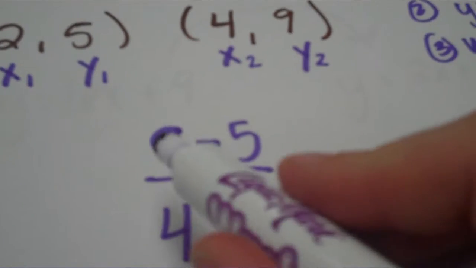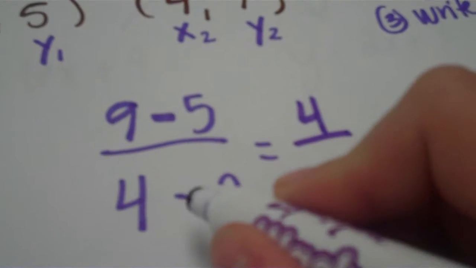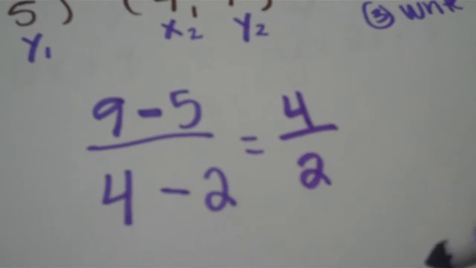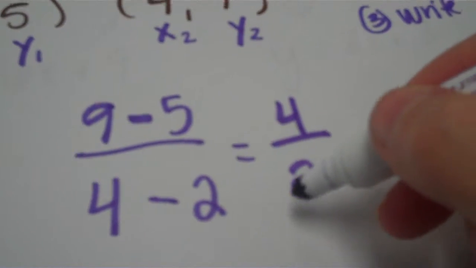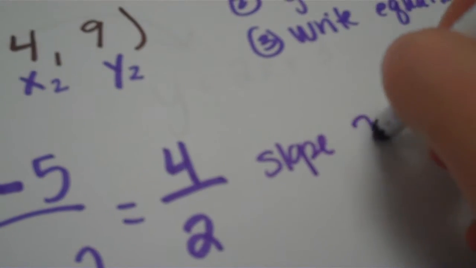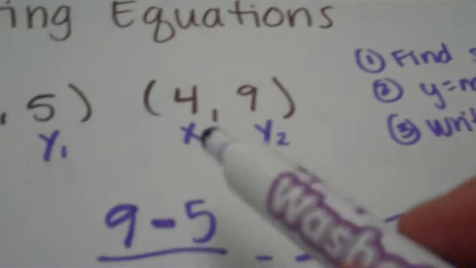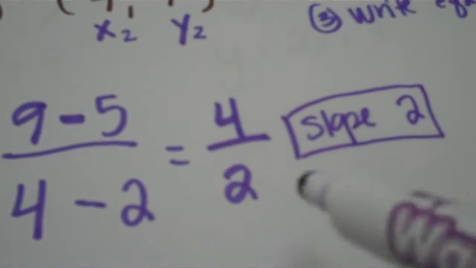Okay? 9 minus 5 is 4. 4 minus 2 is 2. So 4 divided by 2 is 2. So I'm going to put slope is 2. Okay? So it said find slope. I did y2 minus y1, and I found my slope.